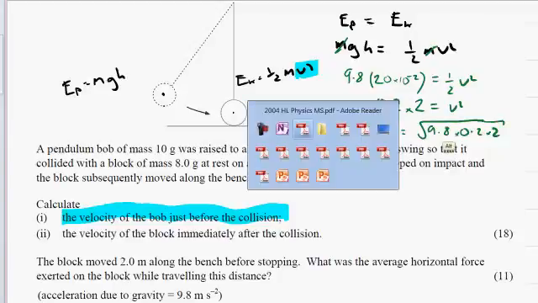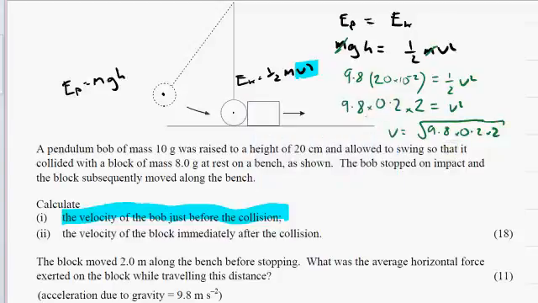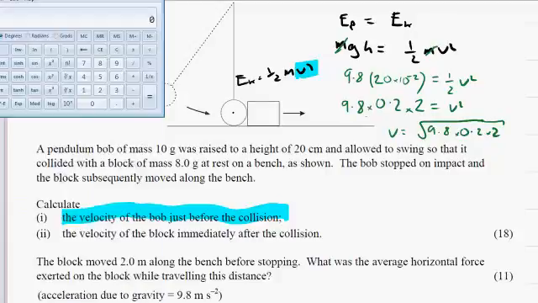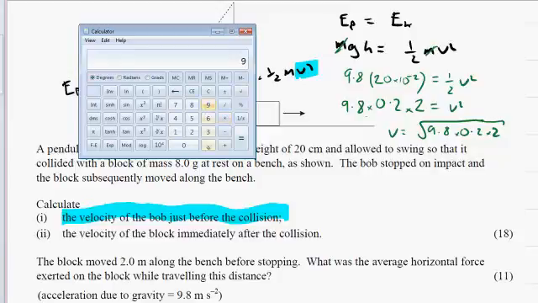I'll just do that in the calculator quickly. 9.8 times 0.2 times 2, and we want the square root of it, which is the same thing as the power of a half.